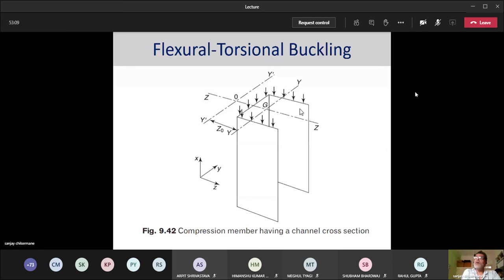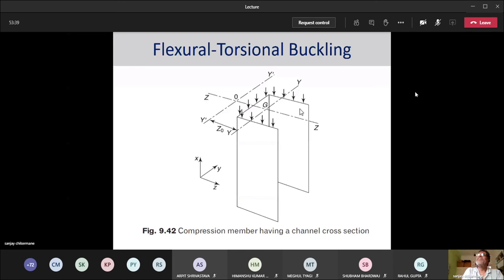Okay. Now, as you have an interaction between an axial force and a flexural displacement, which causes your buckling to happen, you will have an interaction between your flexural rotation and your torsional forces. And why flexural rotation?